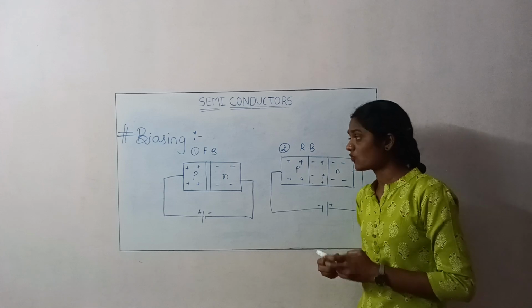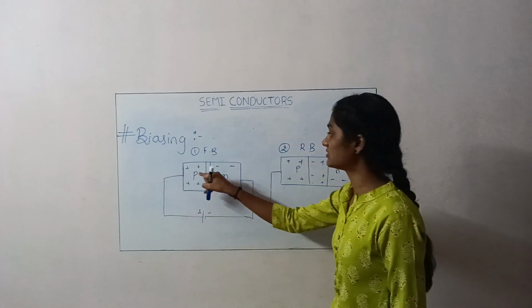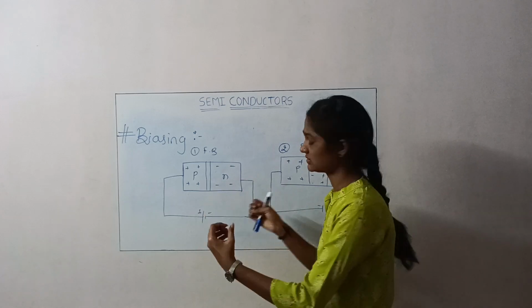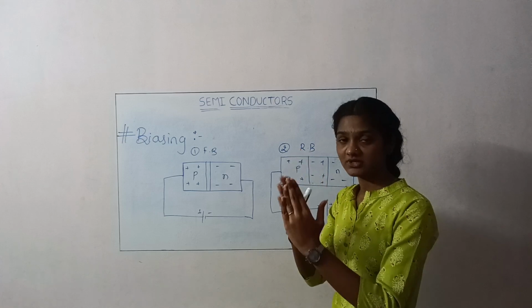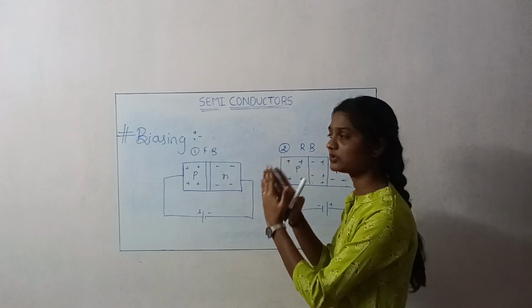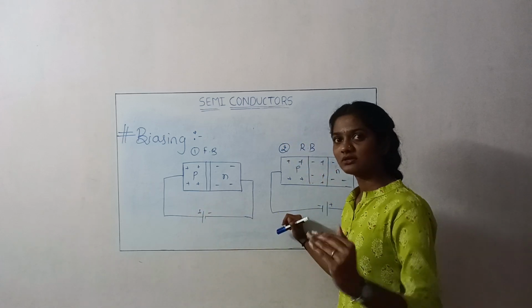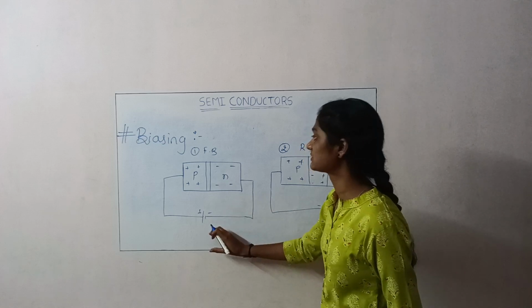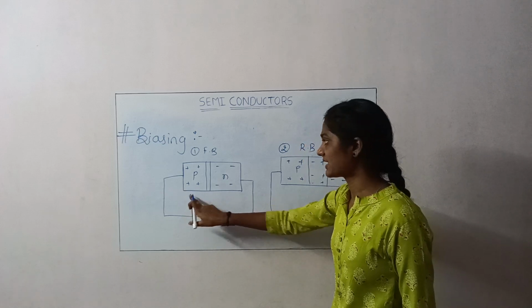In that case, the energy is given in such a way that this is pulling and the depletion region is reduced. The length of the depletion region is reduced, so the current flow is easy.